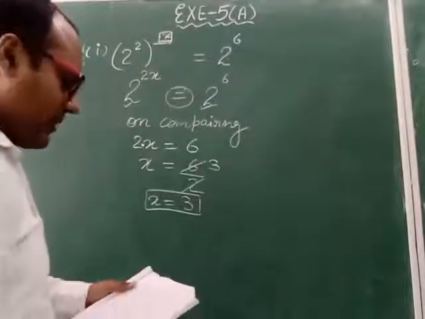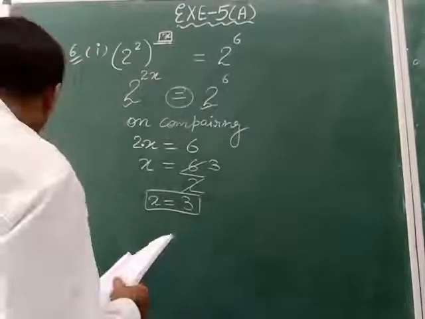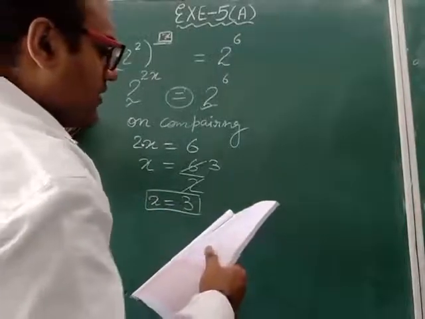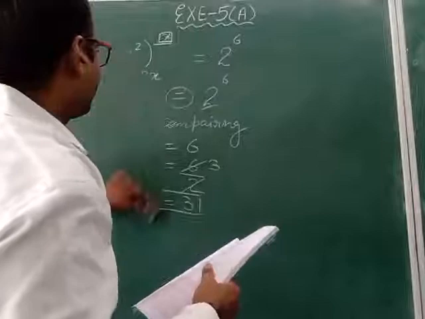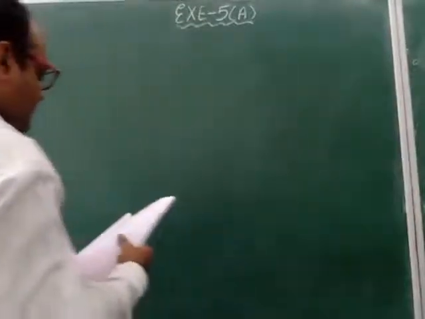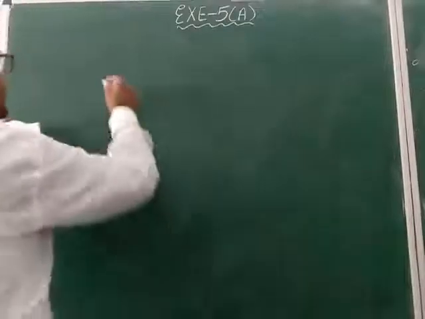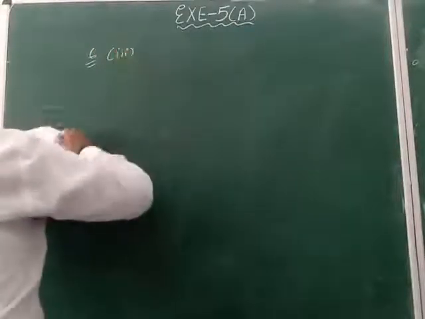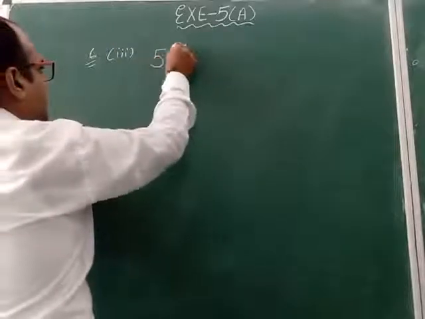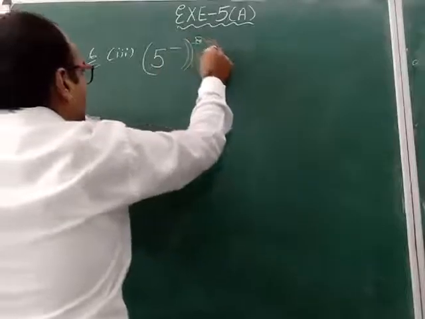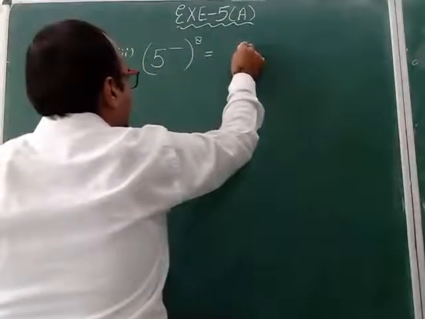Now see another part. Part number 3rd. 6th question, 3rd. 5 dash whole power 8 equal to 5 power 40.